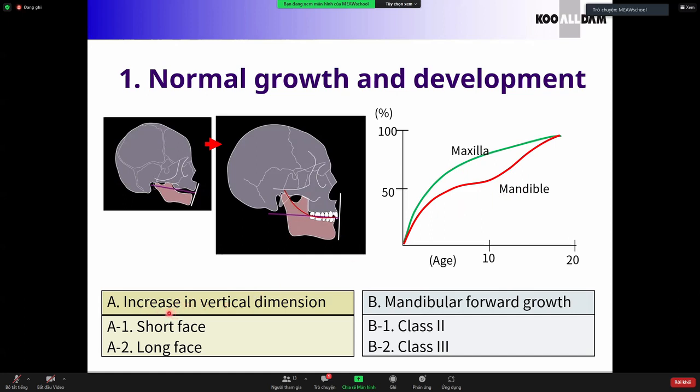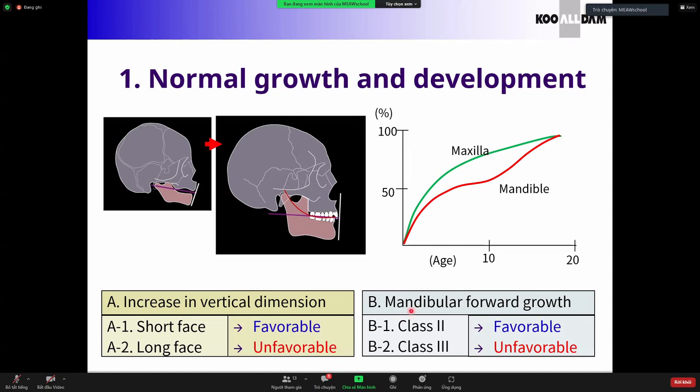Regarding increasing in vertical dimension, which one is better? Short face, we can see the favorable response. However, in long face patient, you can see the unfavorable response.